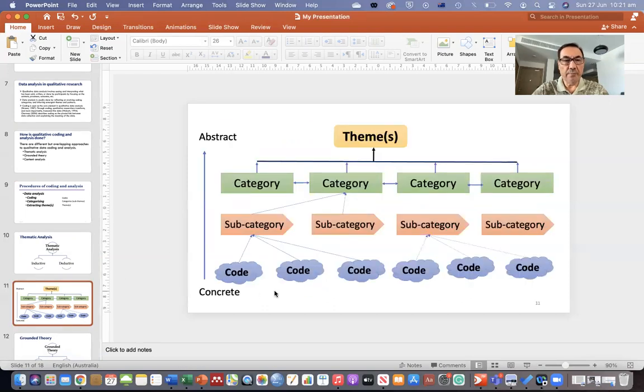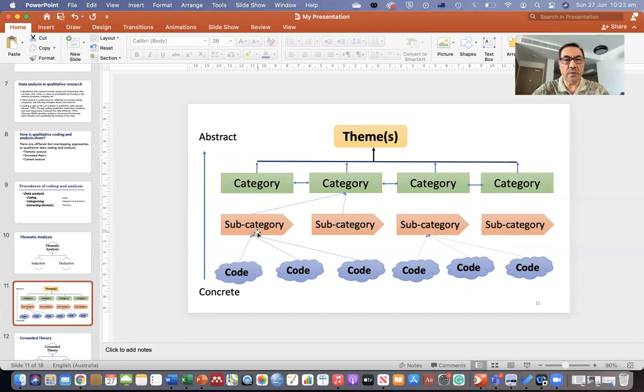So in the first approach, we start from concrete data, as I mentioned. We assign codes to pieces of data, and then we try to find the relationship between some codes and form subcategories, and then see how these subcategories might be related to each other and form categories, and then find a relationship between the categories and form themes.